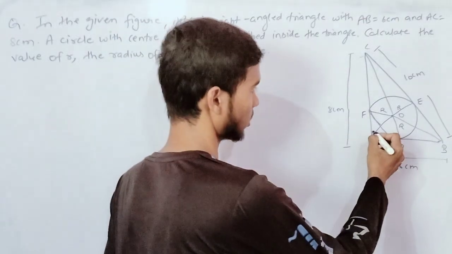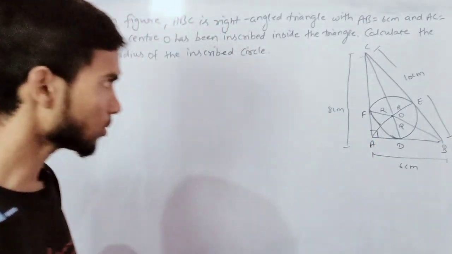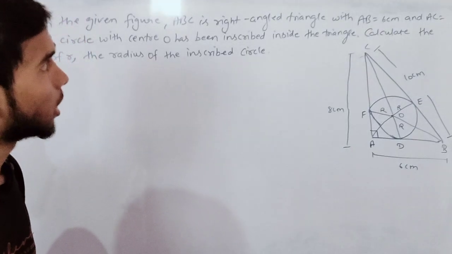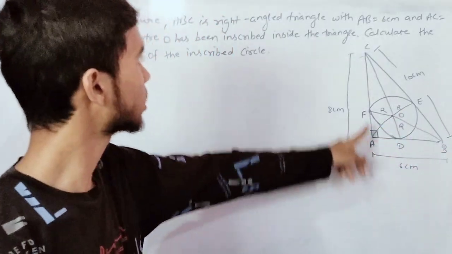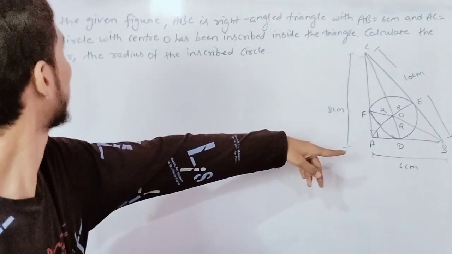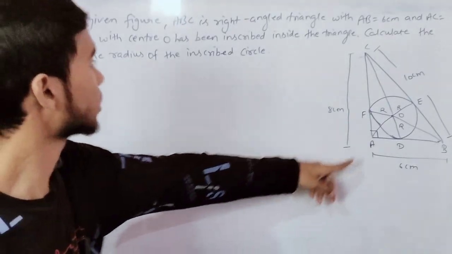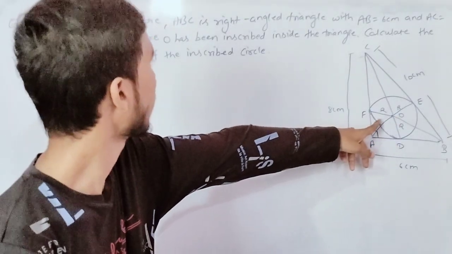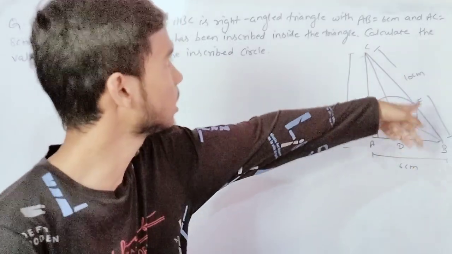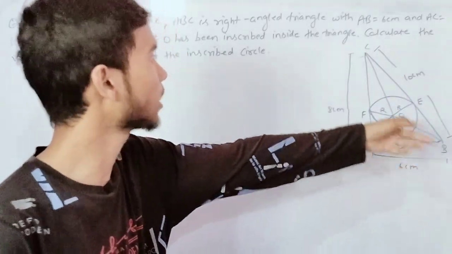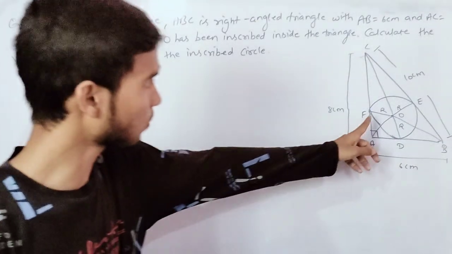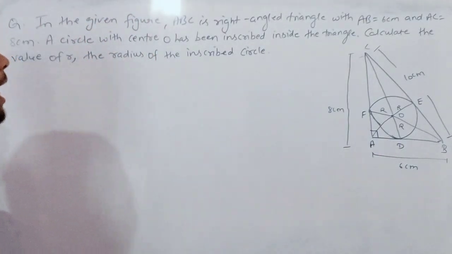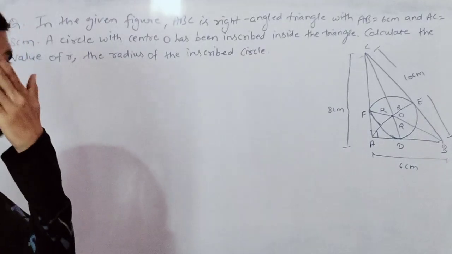That means this is a right angle, with AB equal to 6 centimeter, AC is 8 centimeter, and a circle with center O has been inscribed inside the triangle. Calculate the value of r. We have to find the radius of the inscribed circle.